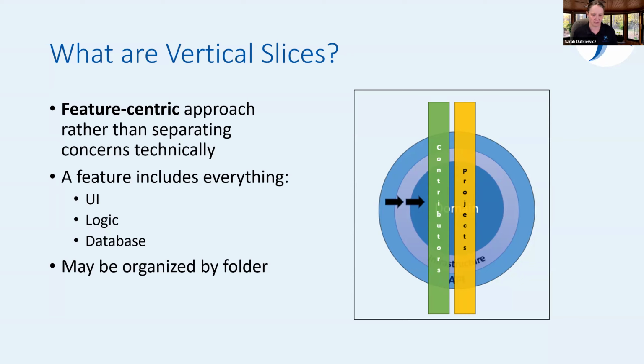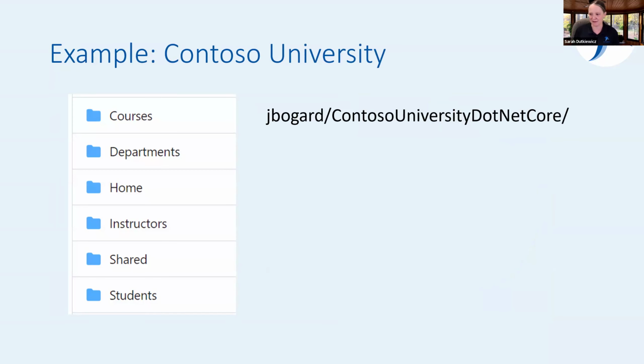We have a few examples I like to mention. Jimmy Bogard is the one who's behind vertical slice architecture. If you do a search in your favorite search engine for vertical slices, Jimmy Bogard's name will appear. Contoso University is the demo that he uses, where you can see the different organizations of the different features.